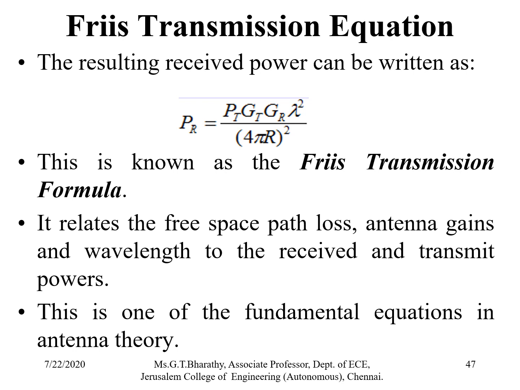So what is the purpose of this Friis formula? It relates the free space path loss, antenna gain and wavelength to the received and the transmitted power. This is the main purpose of this formula, and this is one of the fundamental equations in antenna theory.